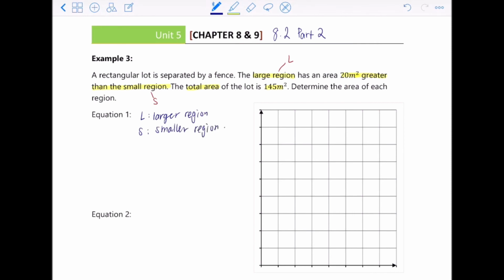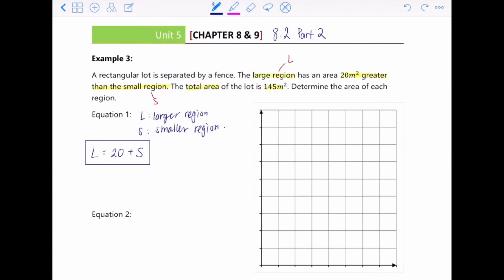We know that the larger region is 20 meters squared greater, so we add 20 to the smaller region. Okay, so this is our first equation, and this comes from right here: 20 meters squared greater than the smaller region. So that's the first equation we can find.